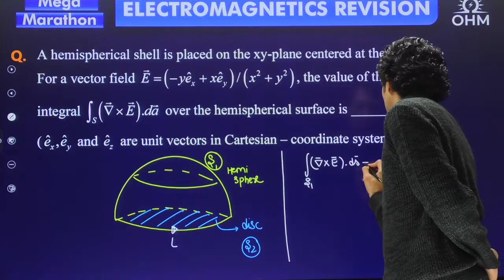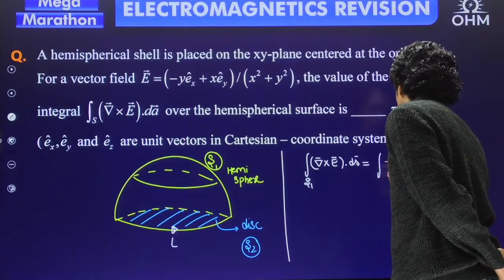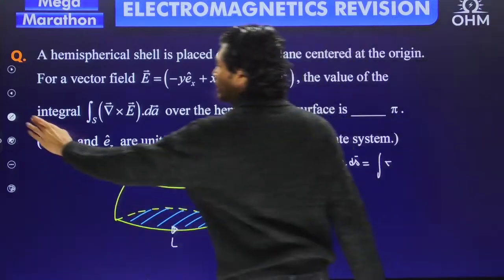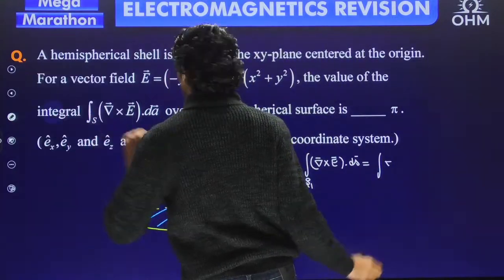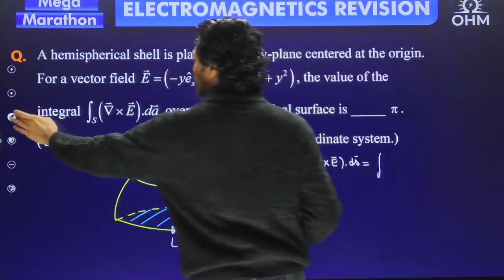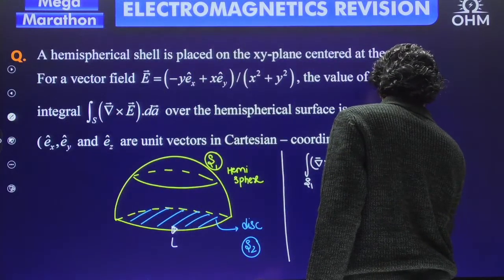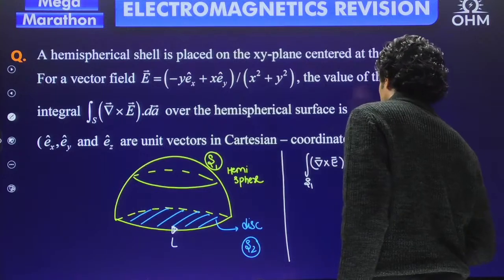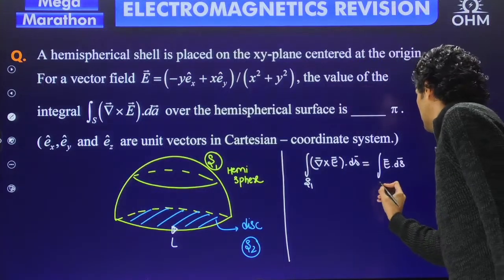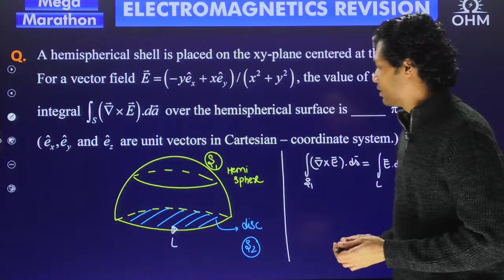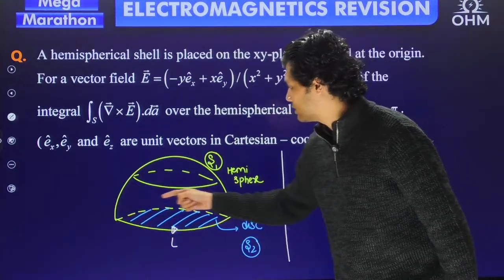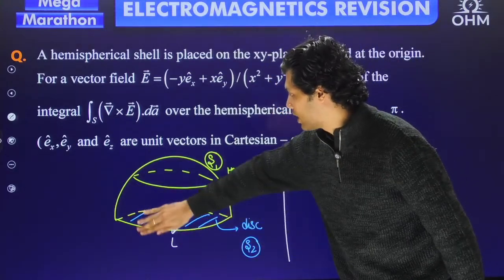By applying Stokes theorem, this is also equal to E dot dl over the path L.